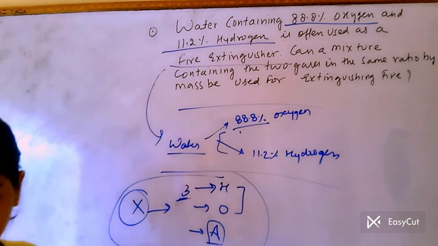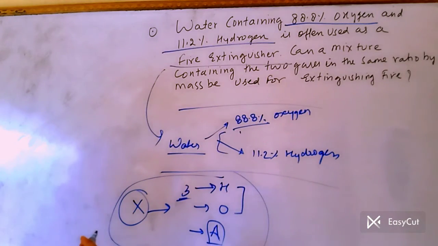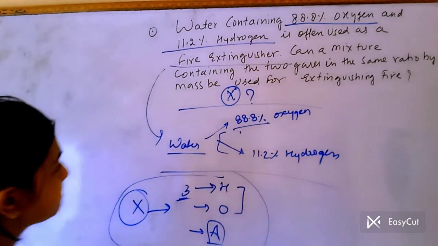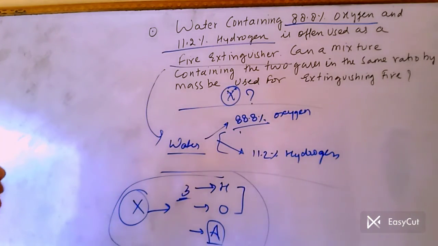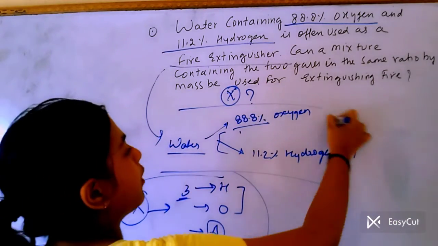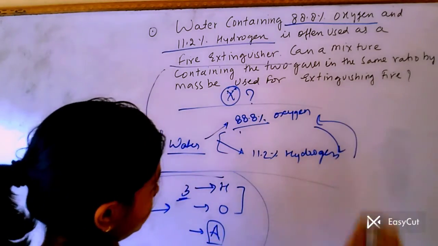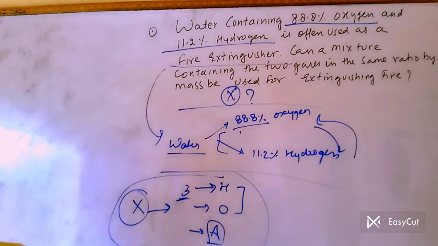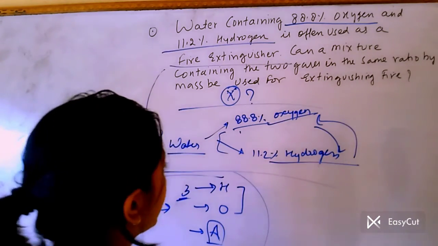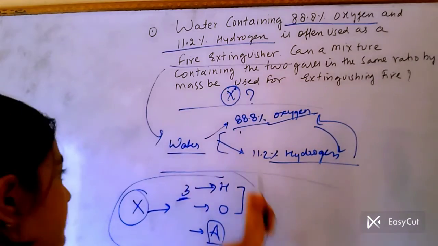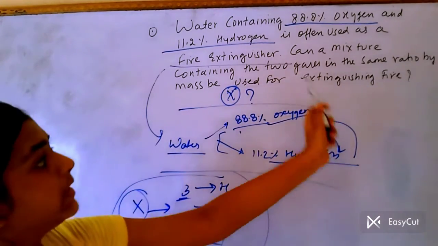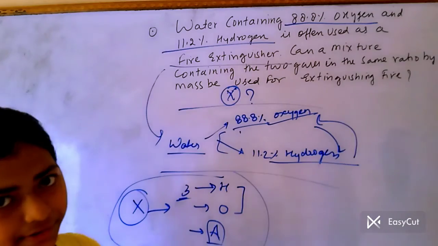It is not possible. Why is it not possible? Actually, in water, oxygen and hydrogen are chemically bonded to each other. They lose their identity, they lose their properties. Hydrogen will lose its property, oxygen will lose its property, and together they are used for extinguishing fire.